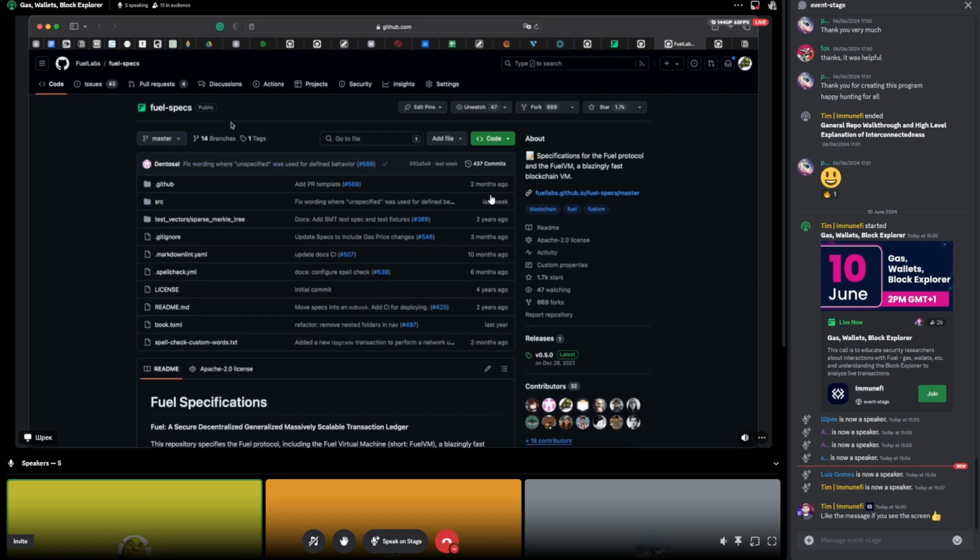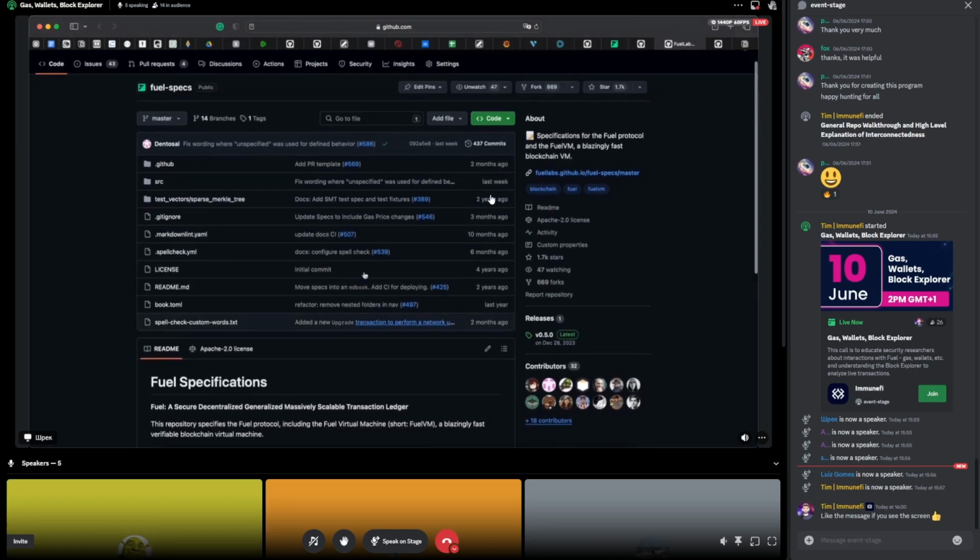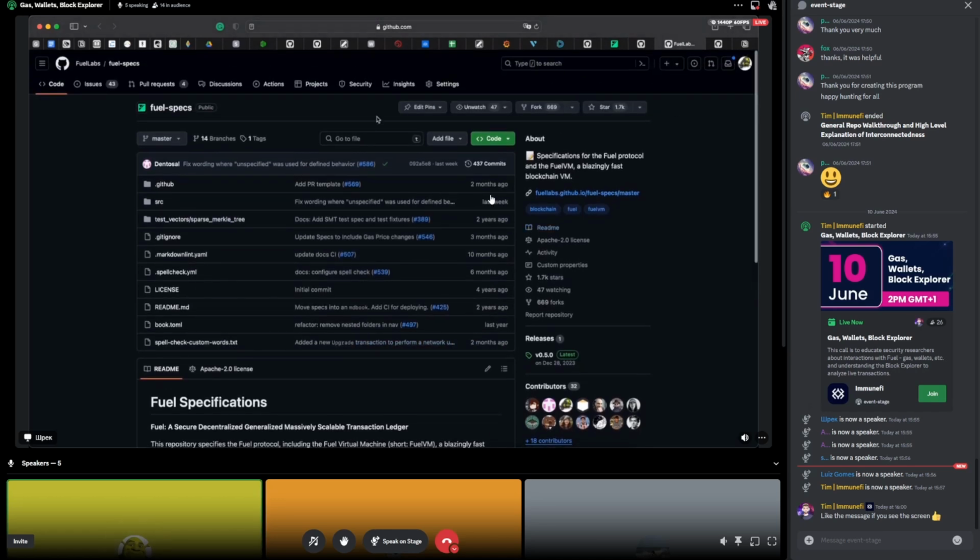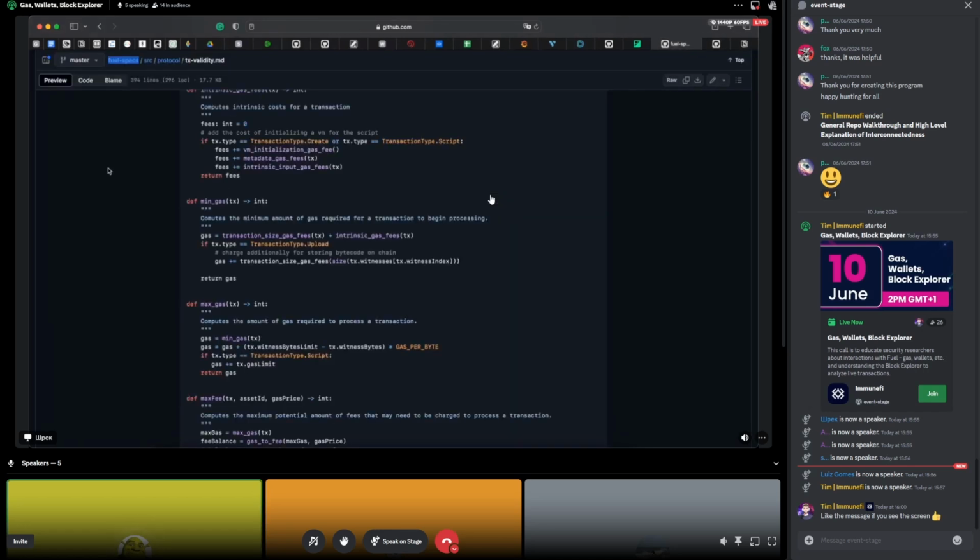Maybe not all aspects are mentioned there, so if something is not clear, like if you see that the code works in a way that is not described here and you think it is important, you can create an issue and we will modify the specification to be more clear on that part.